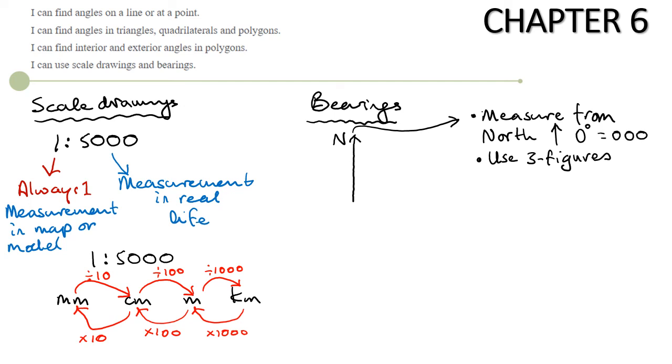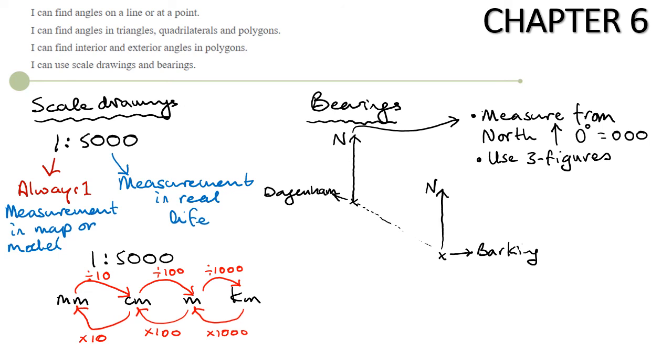Okay, so let's say I want to get to this spot here, and this is Barking. And I want to know what's the bearing to Barking from, let's say this is Dagenham. How do I get to Barking from Dagenham? Right, so I'd probably have some sort of line like this, and another north line here.